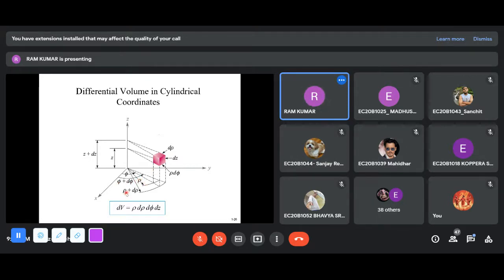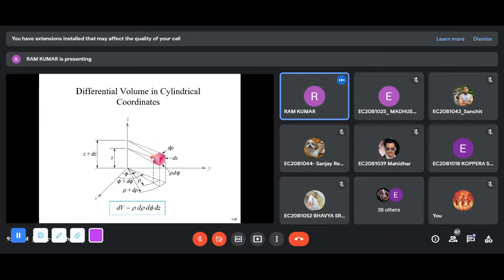Similarly, this is the radius of the cylinder. You just involve this cylindrical coordinate system. You just make a bigger cylinder over here. The radius may be up to this point or this point.